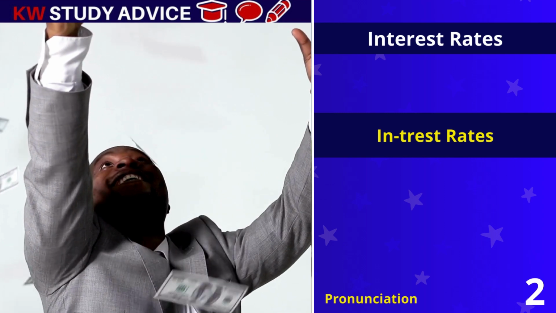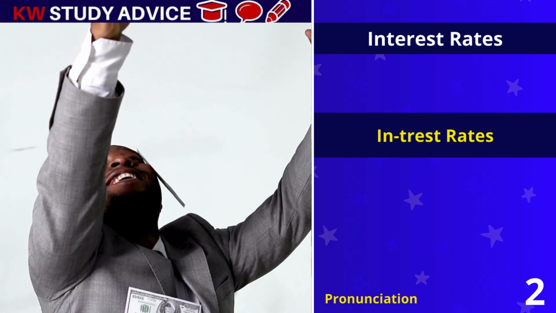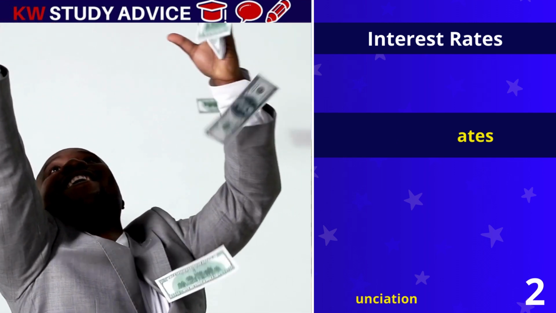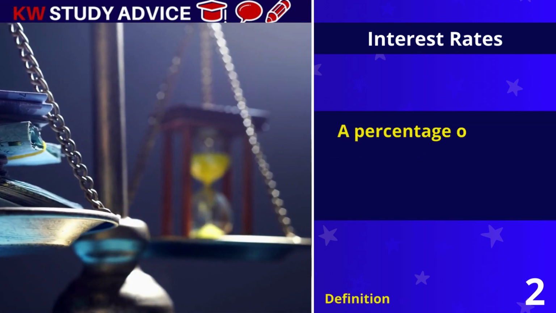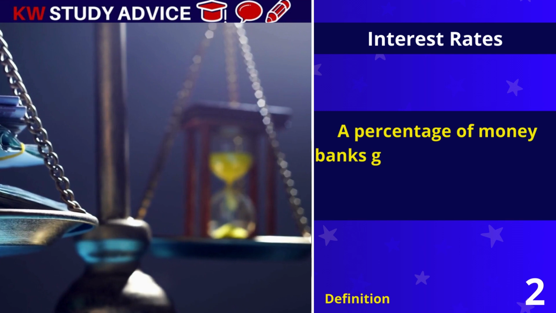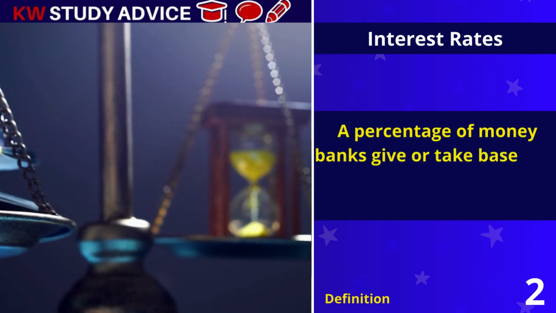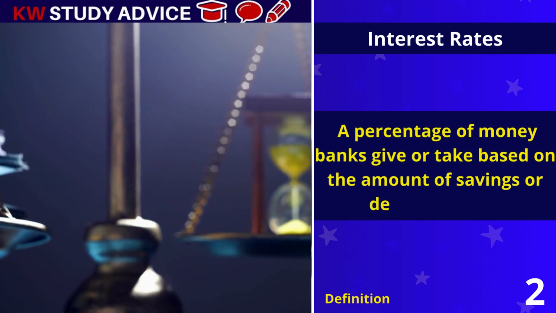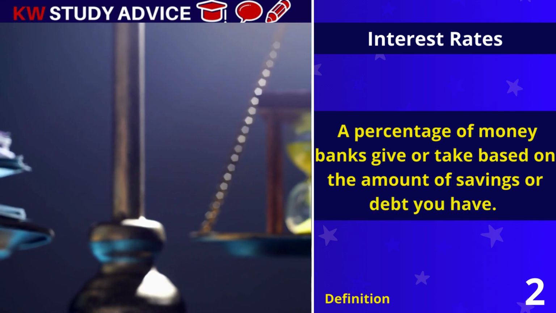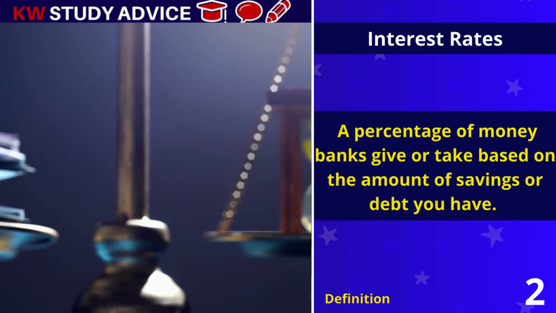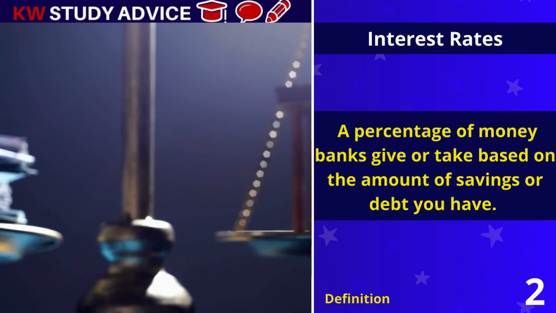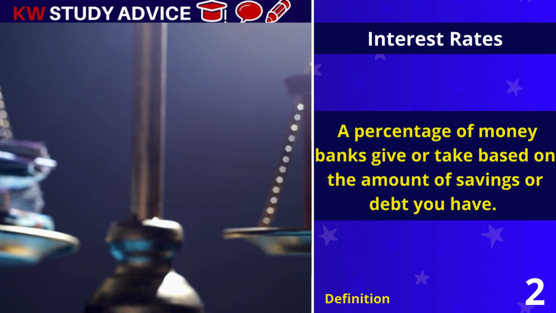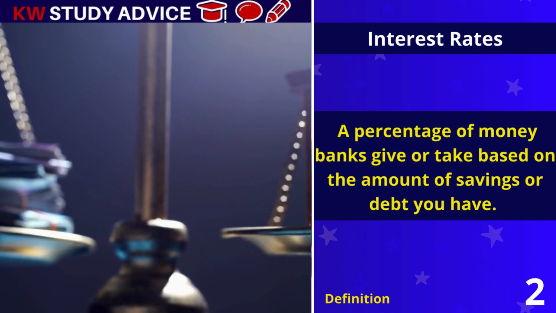So let's delve into the definition to learn more about interest rates. This is a percentage of money banks give or take based on the amount of savings or debt you have. Interesting. So let's take a look at an example and learn a little more about how interest rates can affect us.